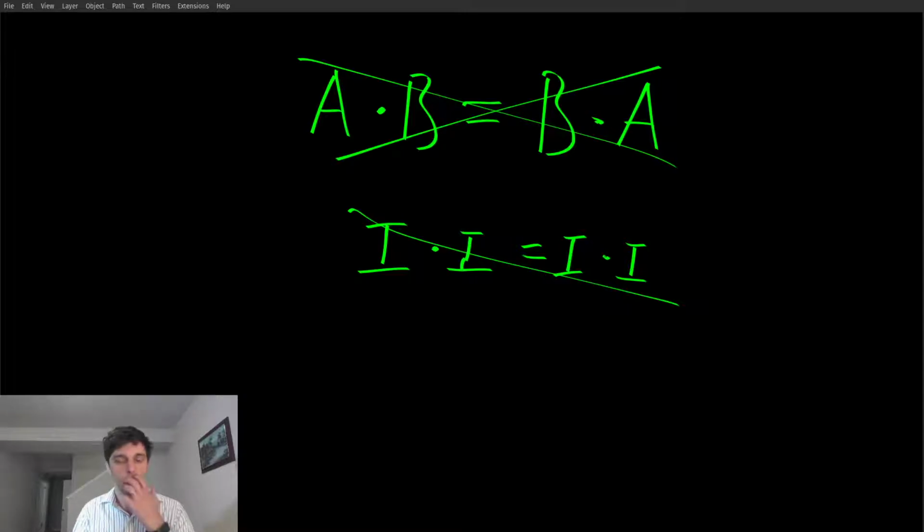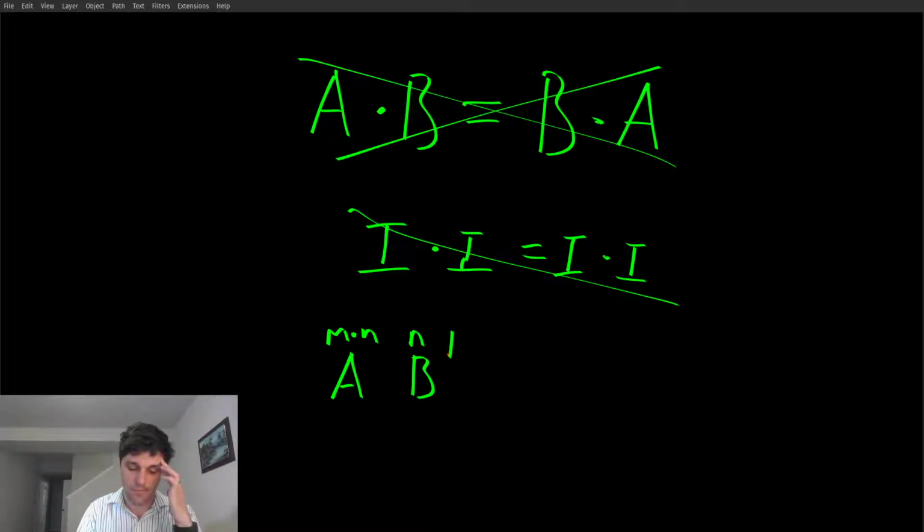And again, our units help us out here. If you have some m by n matrix A and some n by p matrix B, and you flip them, then it's not even going to line up, right?